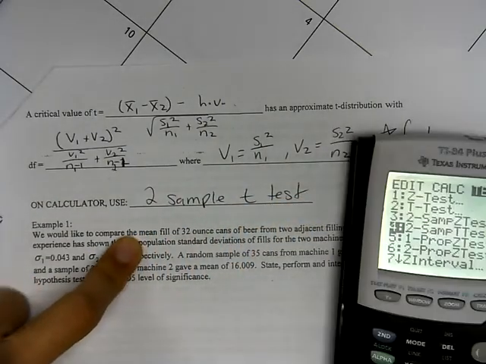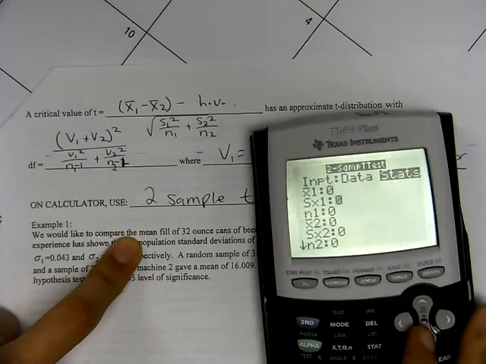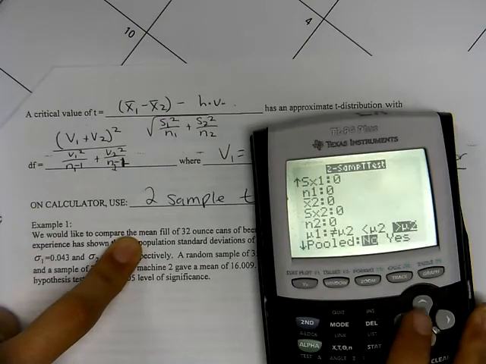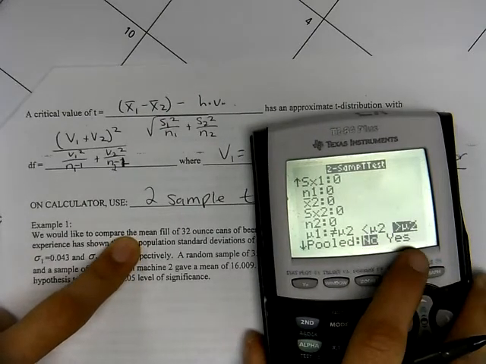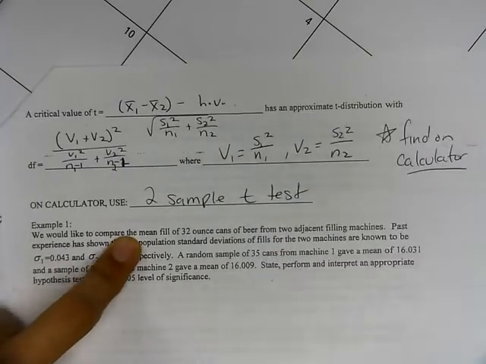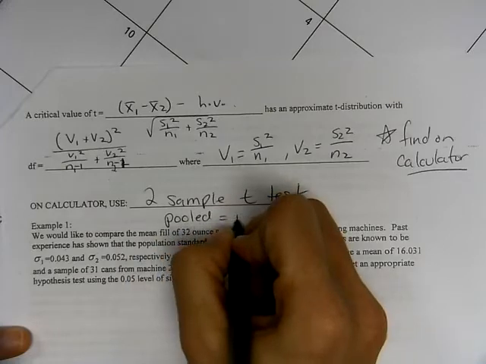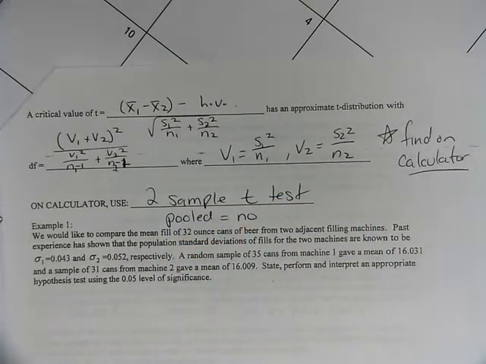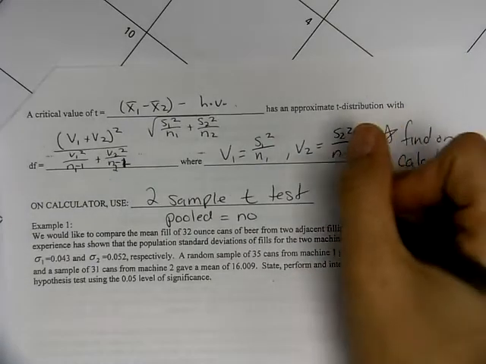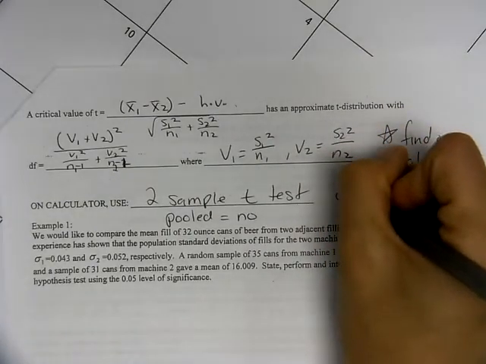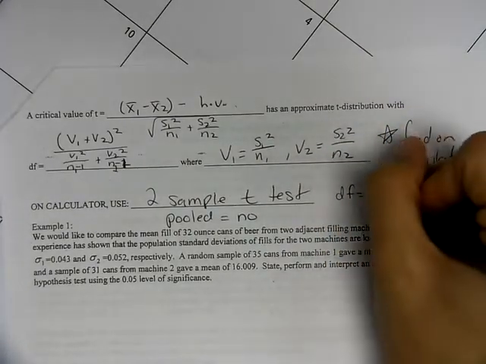Now, when you do a 2 sample t-test, when you get down to the bottom, it's going to say, do you want it pooled? Yes or no? Just say no. You don't even know what it means. Just say no. Also, it's going to give you degrees of freedom of a decimal.